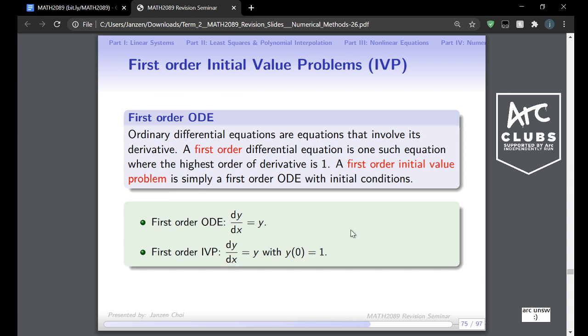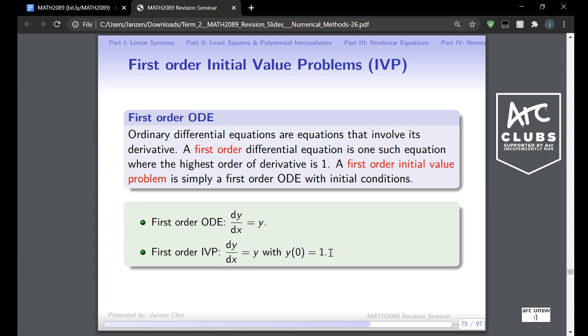For a first order differential equation, the highest order derivative in the equation is 1. If it is an initial value problem, or IVP, then the initial conditions of the equation are involved. So it's quite simple, really.